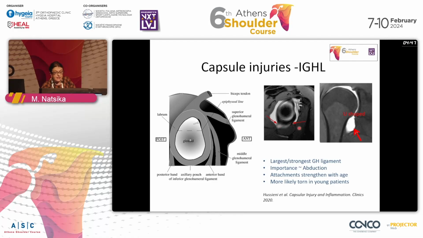All the ligaments are enfoldings of the capsule that start from the glenoid, and also fibers from the periosteum contribute to its integrity, and then they go to the humerus, to be attached to several sites around with the capsule.